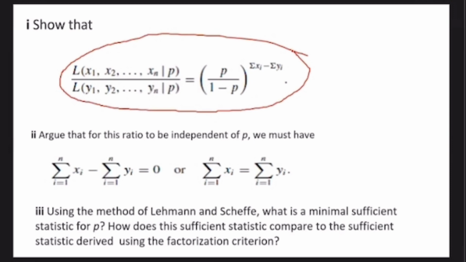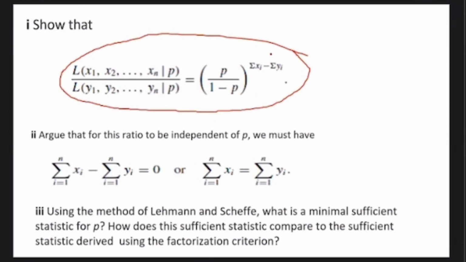And if the ratio is like that, and the parameter in Bernoulli is p, under what condition do we expect that expression to be independent of theta? That will only occur if that exponent equals 0. Do you see the exponent?